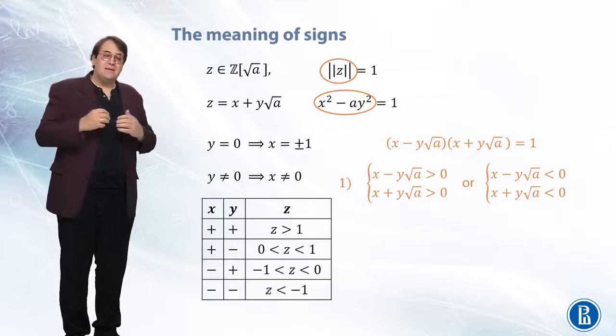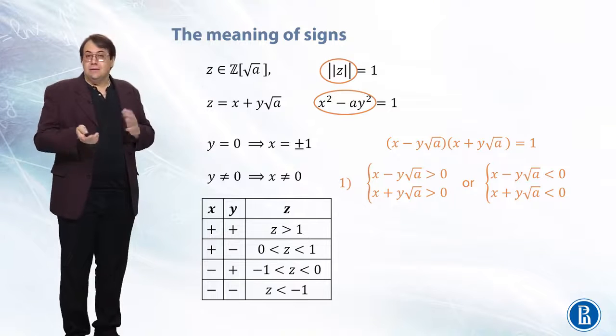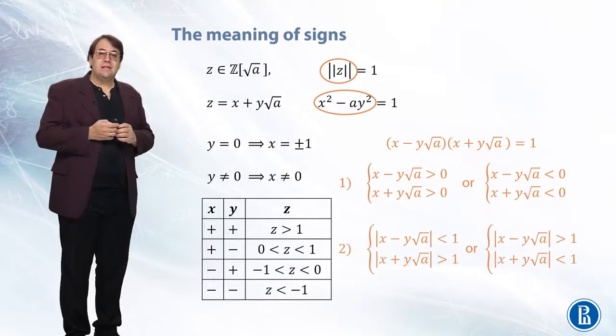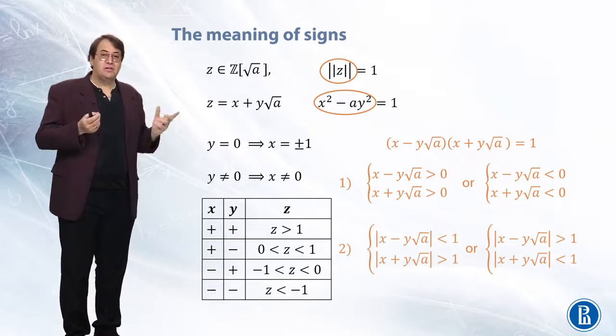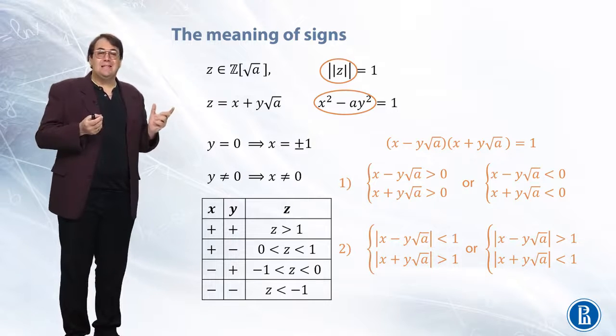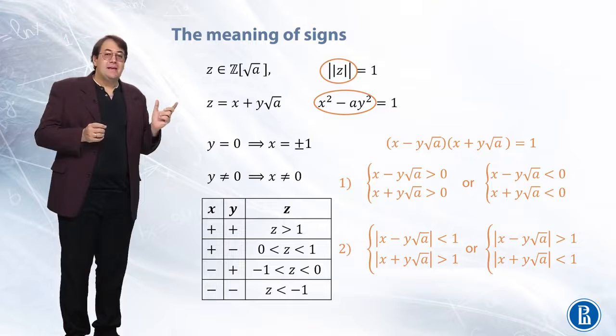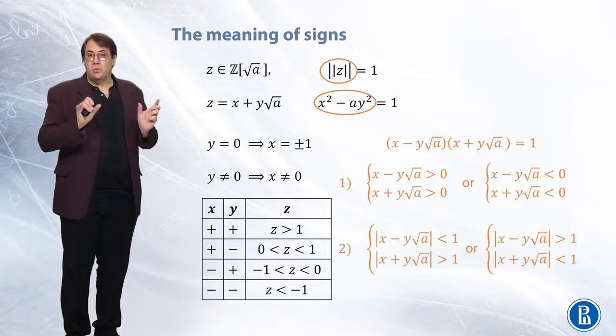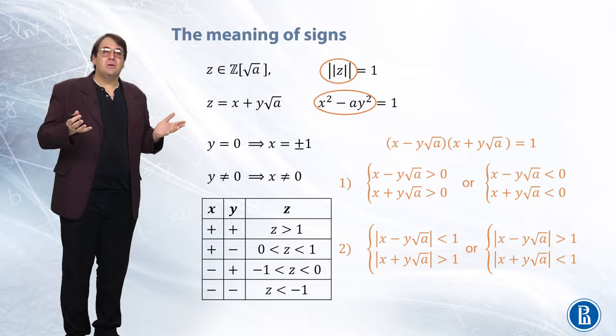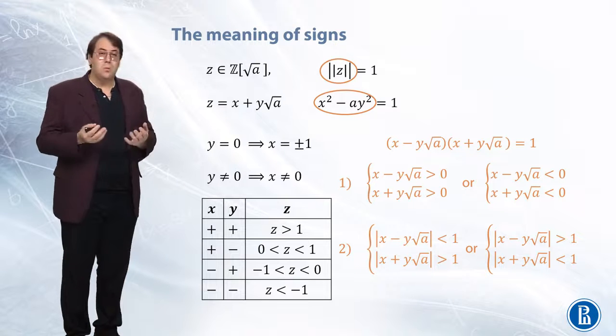The same with the negative case. Second observation is that if one of these factors has an absolute value less than 1, then the absolute value of the other factor is greater than 1, since their product must be equal to 1.